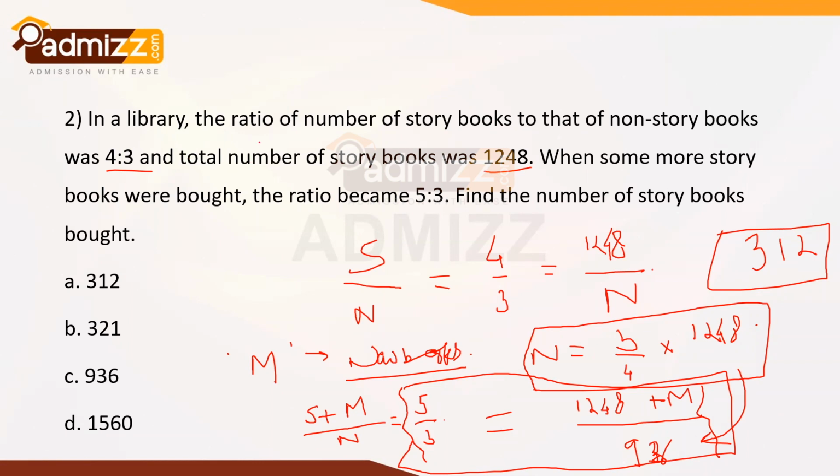When you simply double the amount, that is to say, when the number of new books bought is 1560, then the ratio has to increase further. It should have been something like 10:3 or something. So 1560 is definitely not the correct answer in this case. It's 312. Was this clear to everyone? I mean, it was pretty basic, this one.